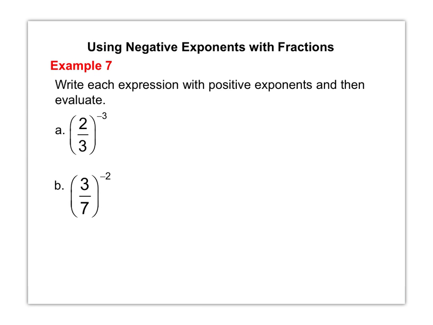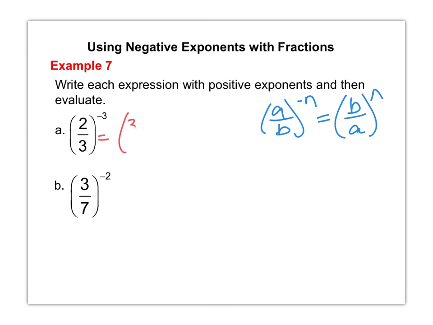So here we are using the property that if we have the fraction a over b raised to a negative exponent, it is the same thing as the reciprocal raised to the positive exponent. So this we can write as the reciprocal, 3 over 2, raised to the positive 3 exponent.